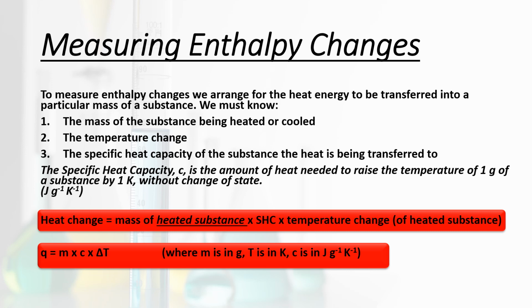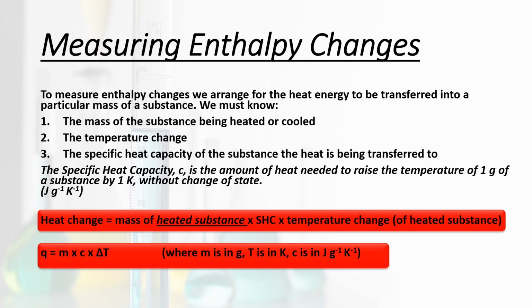To measure the enthalpy change, we have to arrange for the heat energy to be transferred into a particular mass of a substance. So let's say we're doing an exothermic reaction. We know that our system loses heat energy, and it gives that heat energy out to the surroundings.